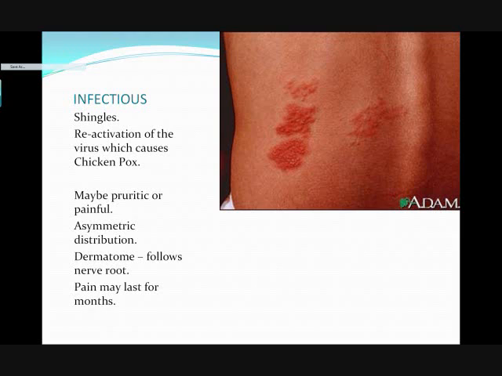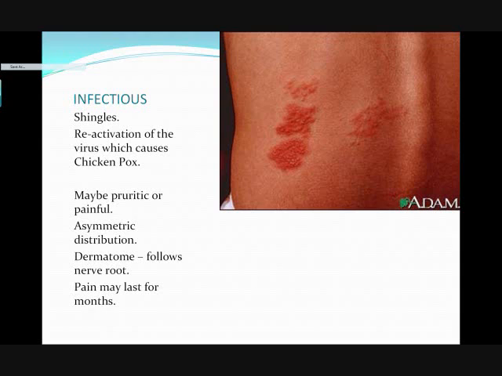Another type of skin condition is shingles, but this is infectious. So those are the ones I spoke about before, like poison ivy or contact dermatitis, are non-infectious. Shingles is infectious. It's a reactivation of the virus that causes chickenpox, which is varicella. It could be pruritic, which means red and raised, bumpy.